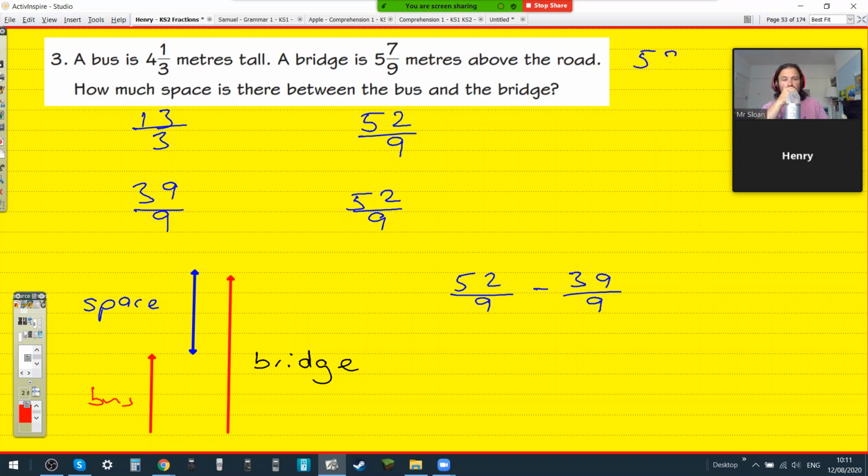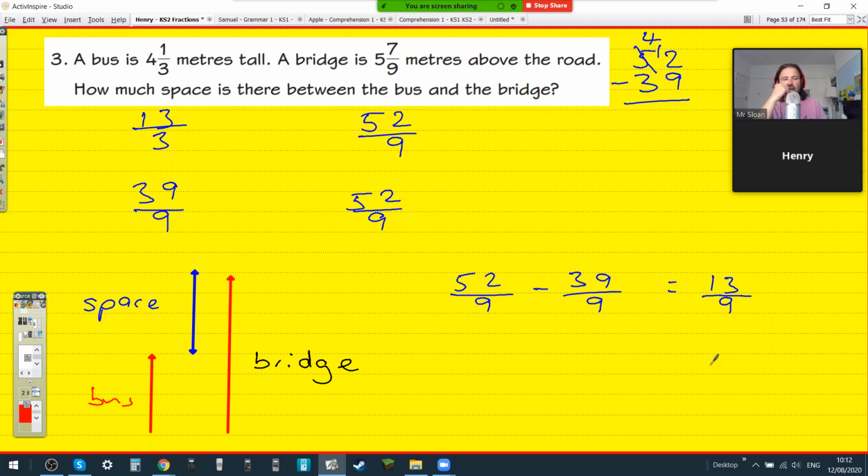So 22 minus 9 is. Oh, I forgot it already. 13, I think. Yeah, it's 13.